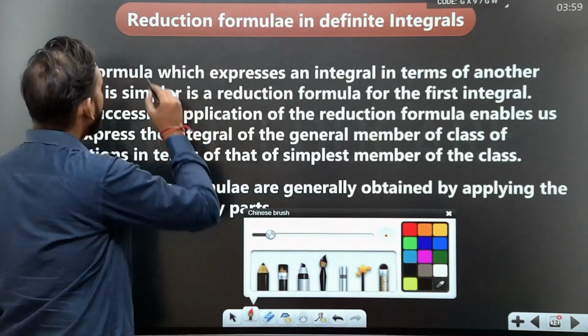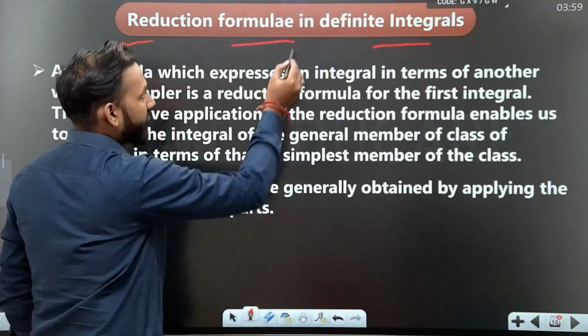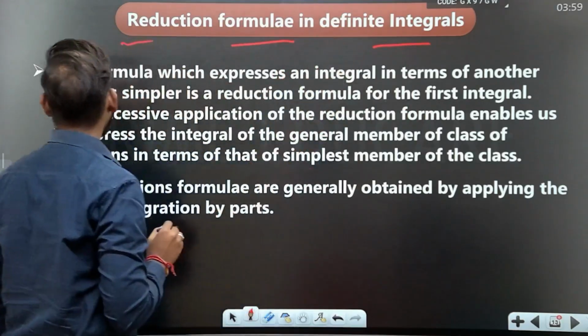And what we have, since the reduction formula is in definite, not the indefinite integral, this is the definite integral.